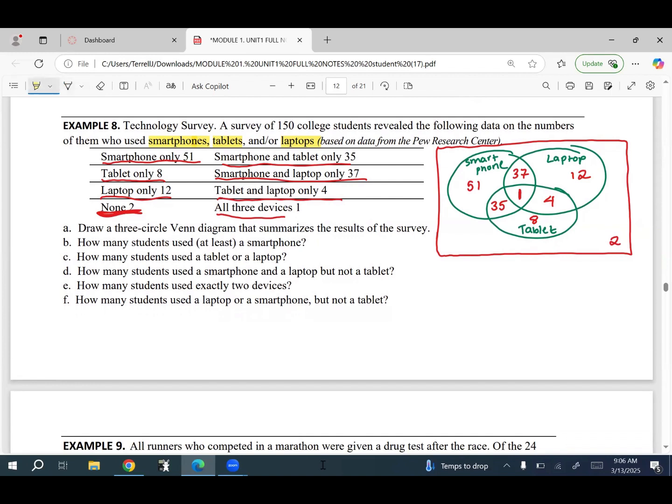So really what I'm doing is I'm adding anything in this smartphone circle. That's what at least a smartphone means. So I would be doing 51 plus 37 plus 1 plus 35. And if I do that, I'm getting 124.